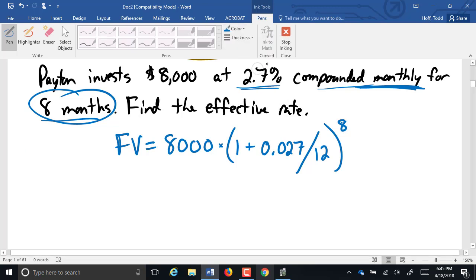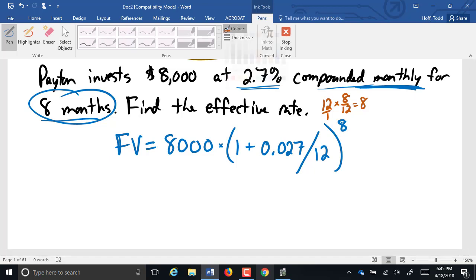Technically, if you wanted to calculate it out, it's 12 periods per year times 8/12, which multiplies out to be 8, because 8 months is 8/12 of a year. Or you think about it, if a month is a period, if it's monthly, 8 months means 8 periods. You look confused. You got her? Okay.